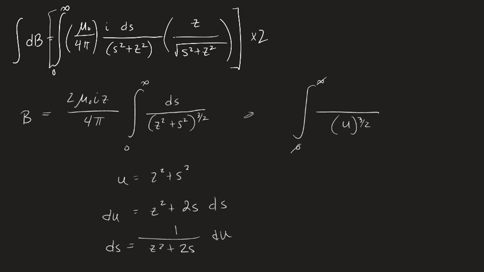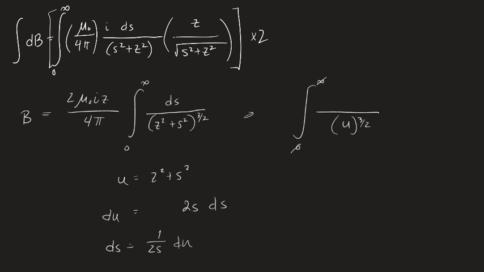I'm sorry. The derivative of z squared is a constant. It goes away. So I'm letting myself be distracted, and I shouldn't be. I should just look at my notes. But so here we get 2s, 1 over 2s du.